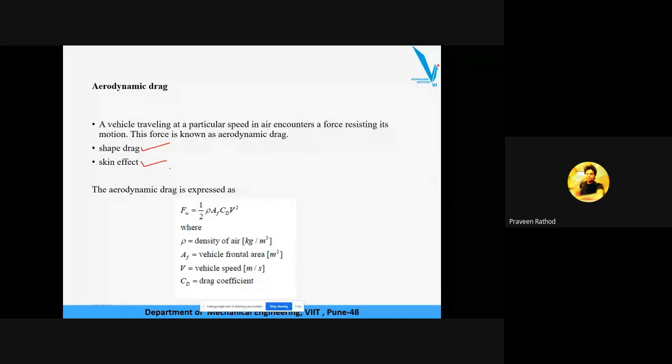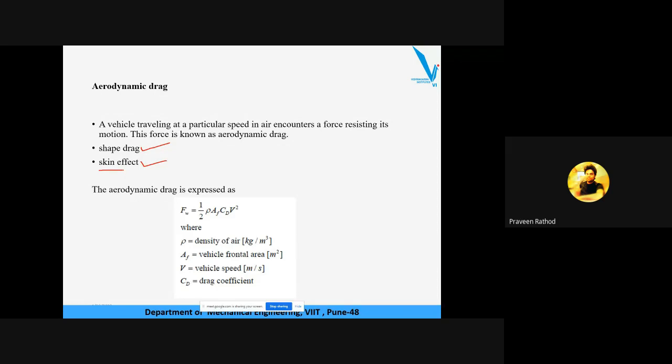This results in the production of friction. Friction create करता है. This is the skin. It will result in creation of the friction. This friction results in the second component of the aerodynamic drag, that is known as skin effect drag.